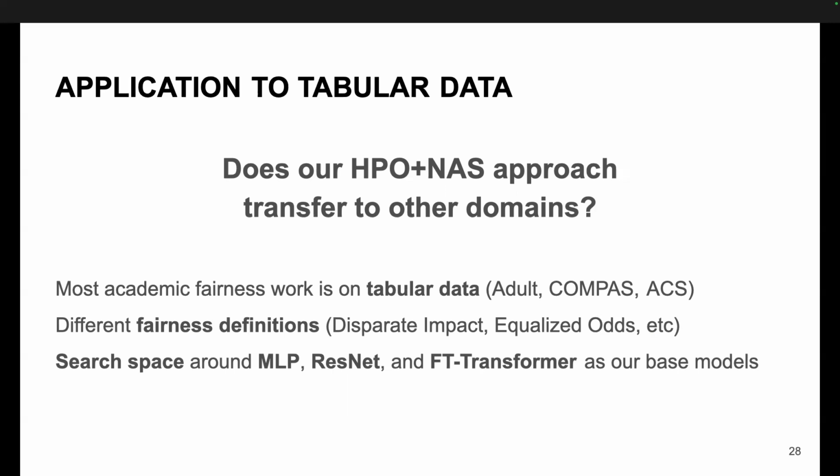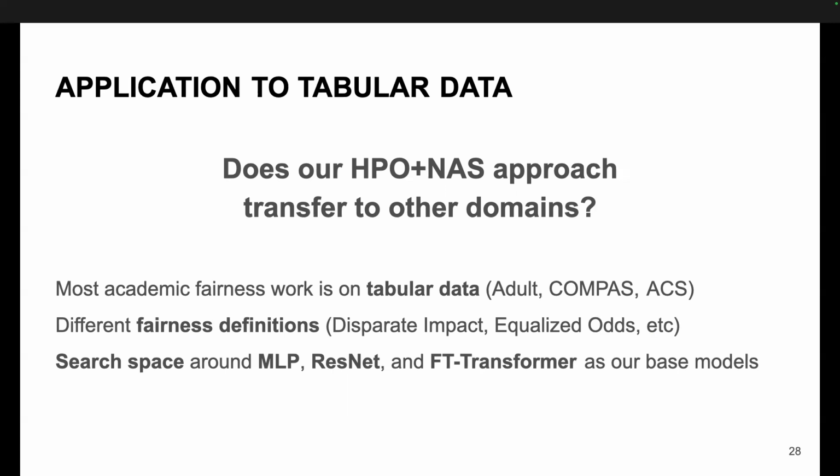So what my co-author Rashik and I did was to take the very similar approach that Rhea and I talked about for facial recognition and apply it to tabular data. There are these standard data sets called adult, compass, and ACS, where there are very standardized existing bias mitigation techniques, so it's very easy to benchmark against them. But it's a very competitive space because this field has been around for maybe 5-ish years, all driving for these specific benchmarks.